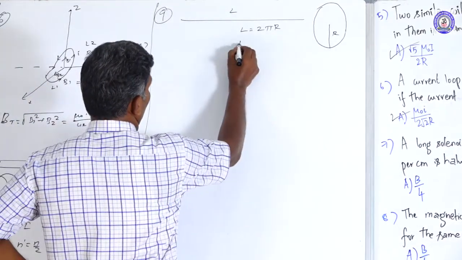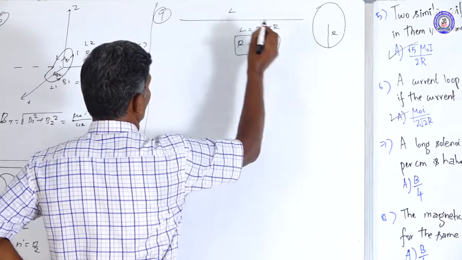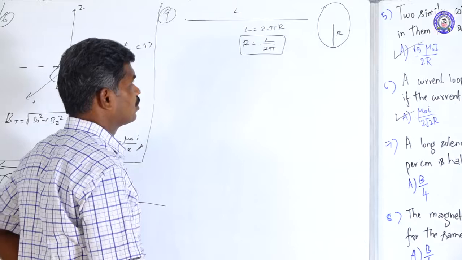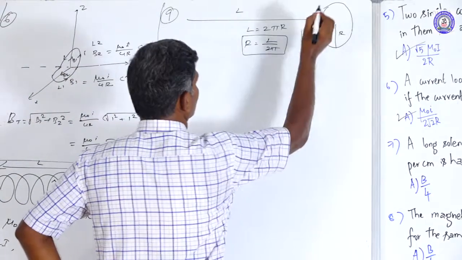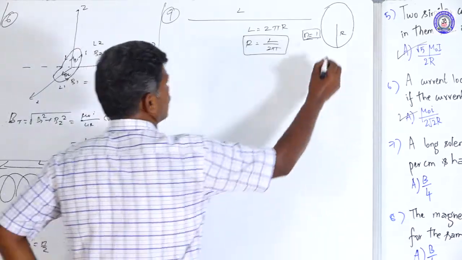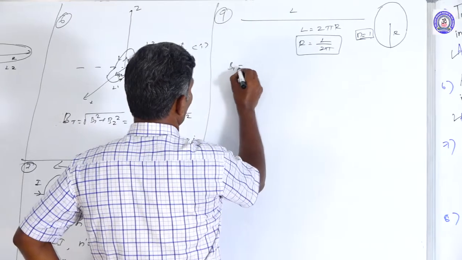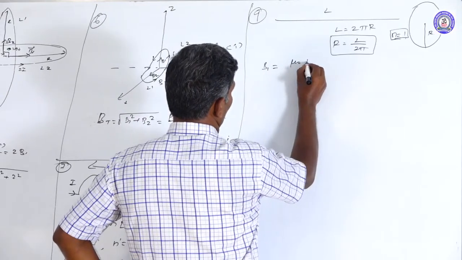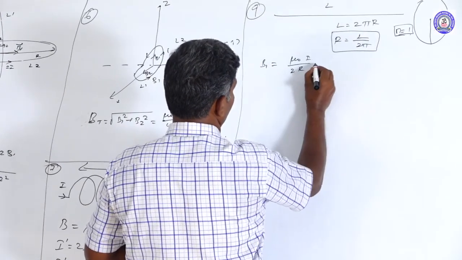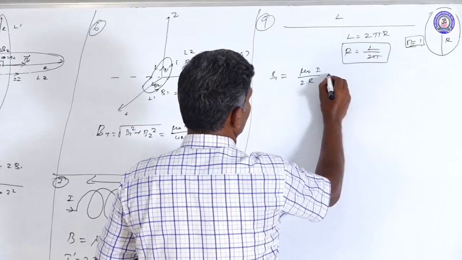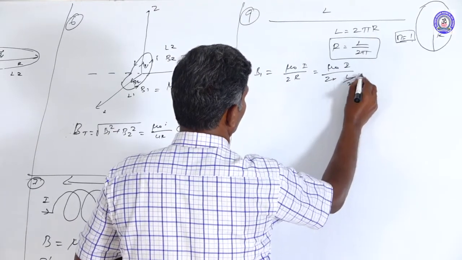Then r is equal to L by 2 pi. Number of turns N is equal to 1. At the center of that circle, the single turn magnetic induction B1 is equal to mu naught I by 2r, that is mu naught I by 2 into L by 2 pi.